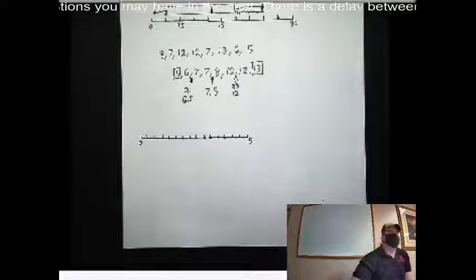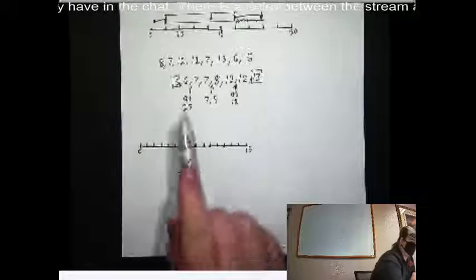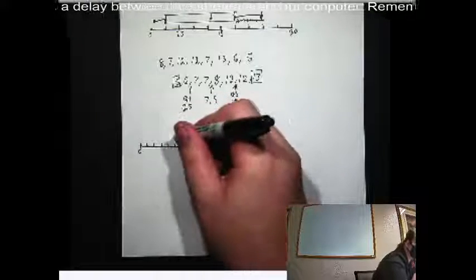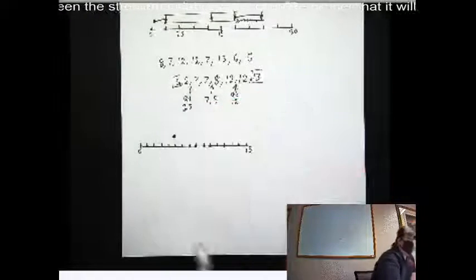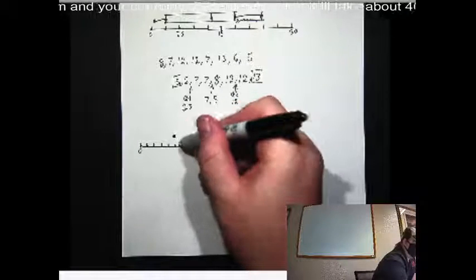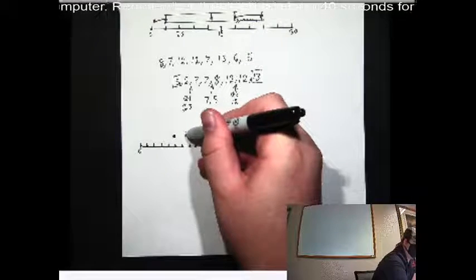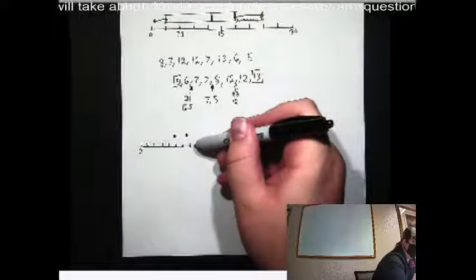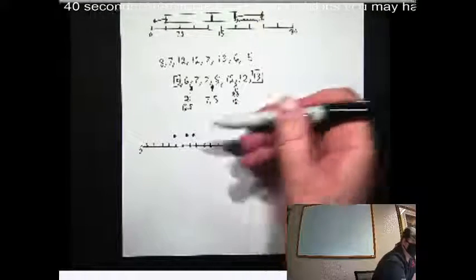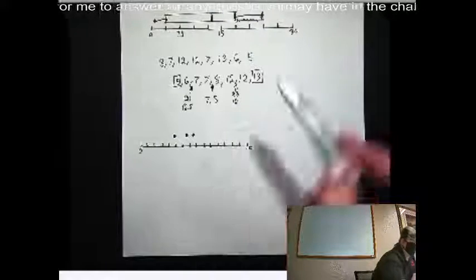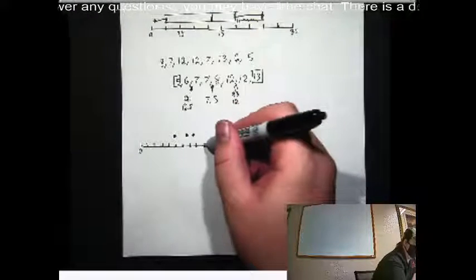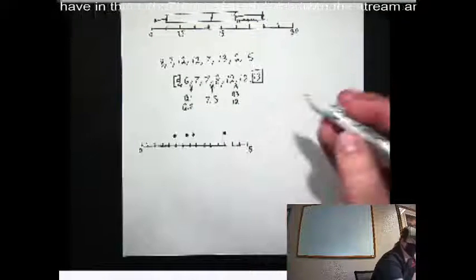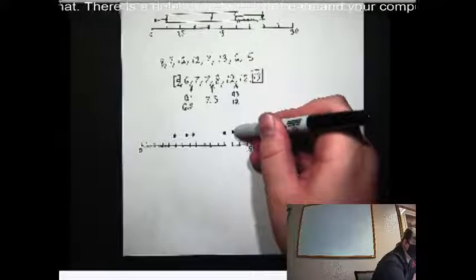So just plot all the numbers down. Let's see. So first number is 5. 1, 2, 3, 4, 5 is right there. Next we have 6.5. So 6.5 is right here. Then 7.5 is right there, right next to it. Next one is 12. Is right here. And then 13 is right next to that.